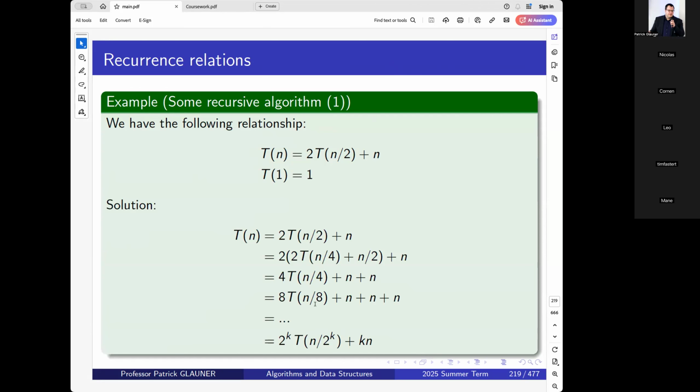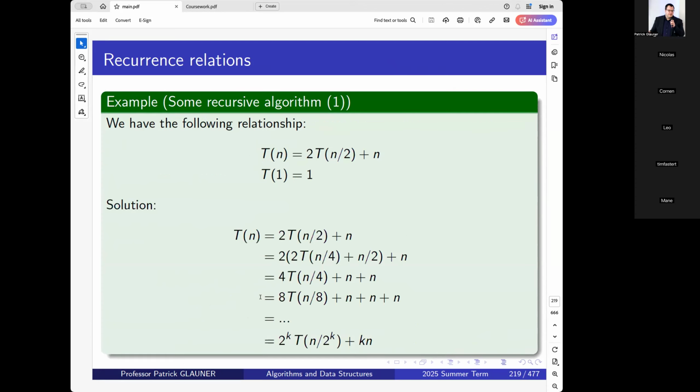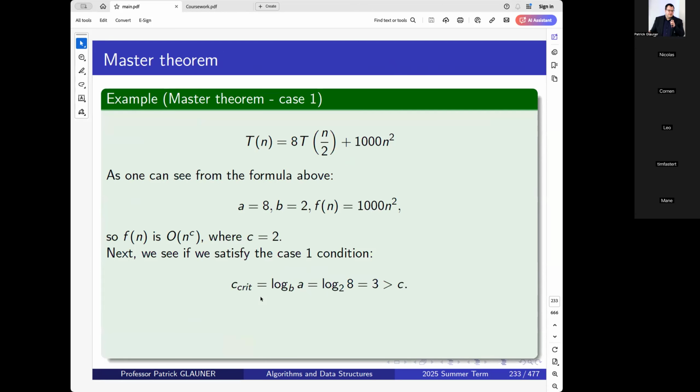We tried to find the pattern, solved for k and plugged k in, and we got O of n log n. And now with the master theorem, we have a much more structured approach, we just follow the rules of the master theorem.